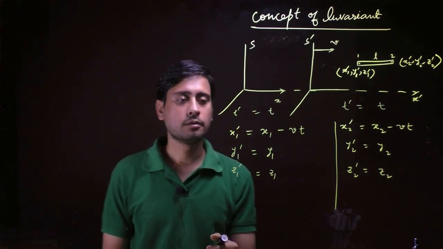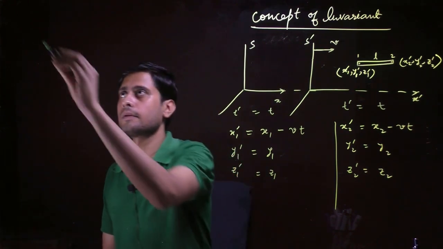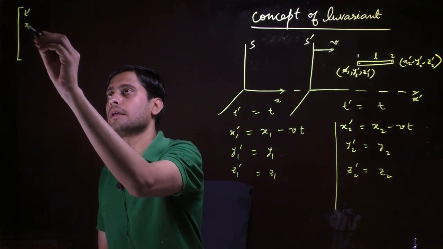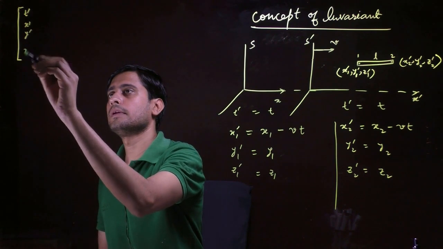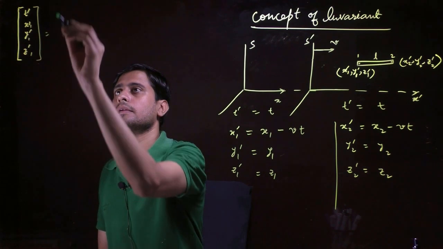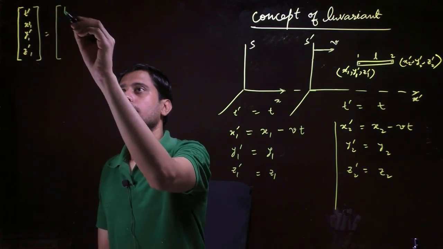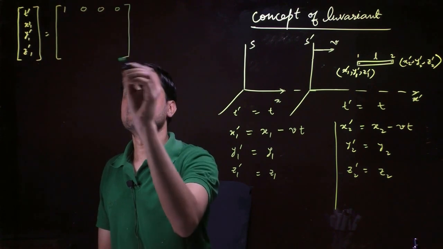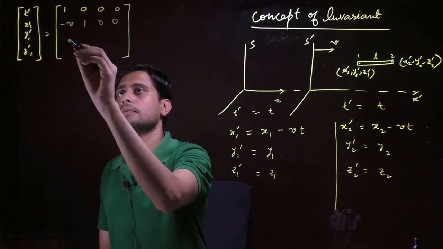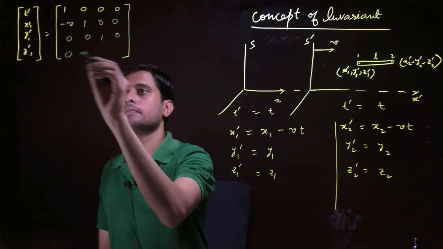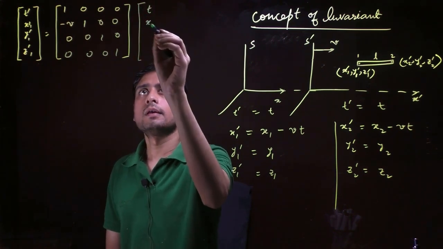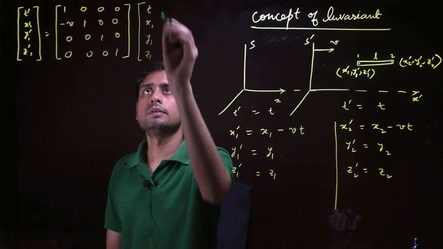Now if we write it in matrix notation, it will be like t prime, x prime, y prime and z prime equal to the matrix with 1 on the diagonal and minus v in the x-row, 1 0 0, multiplied by t, x1, y1, z1.